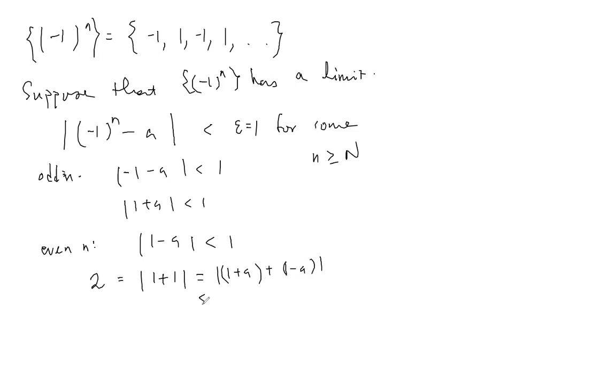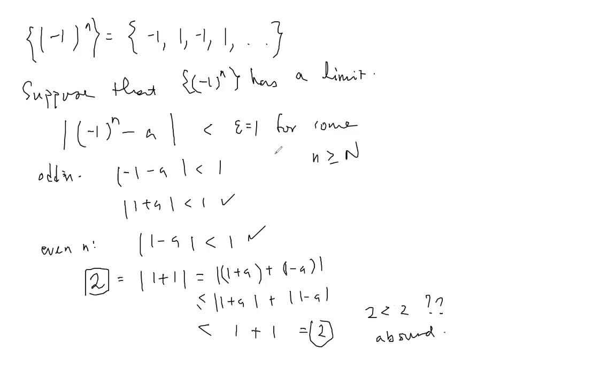After that, we apply the triangle inequality. So we'll get this. Okay. And since this is less than 1, and this is less than 1, this will be less than 1 plus 1 equals 2. So you are basically saying that 2 is less than 2, which is absurd, right?